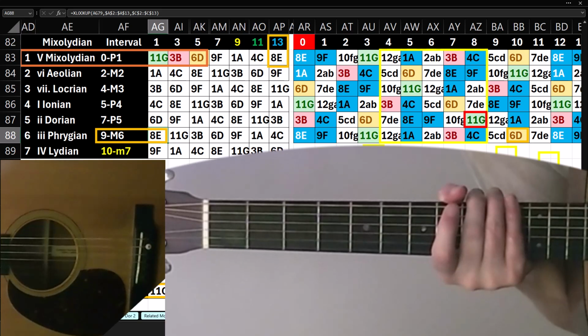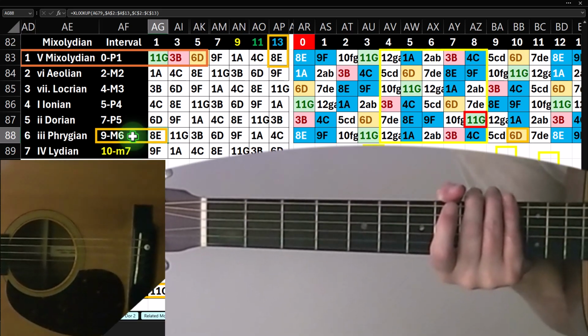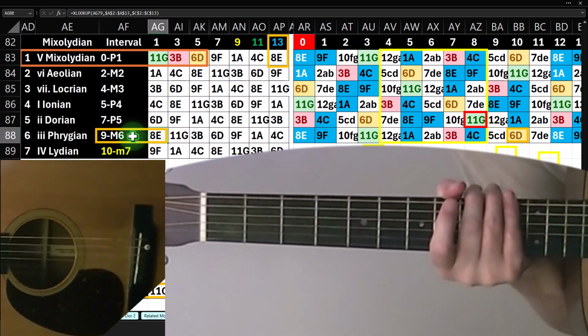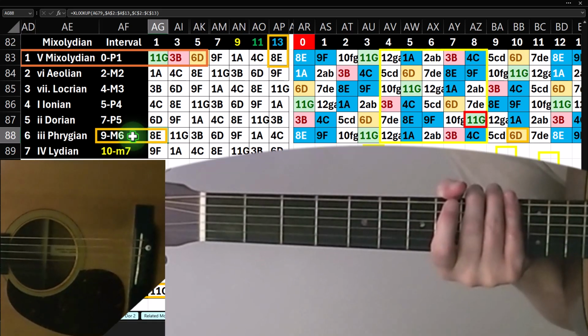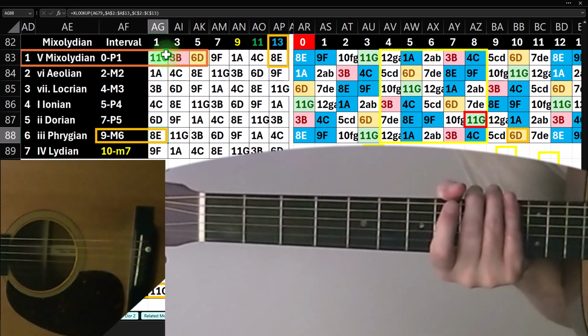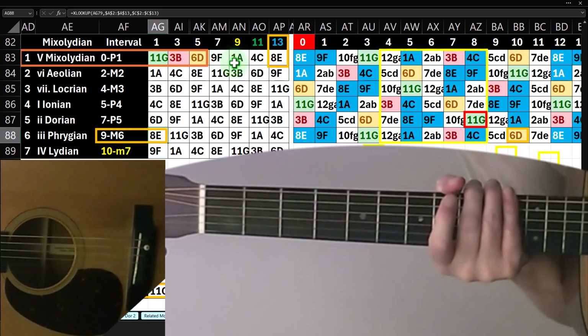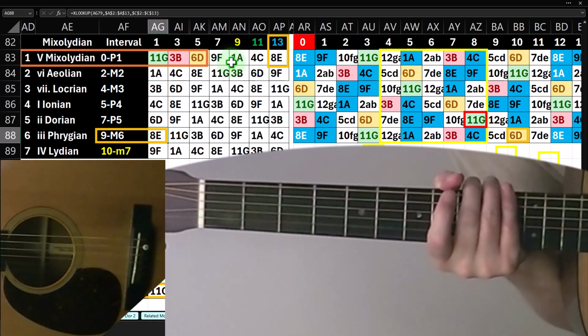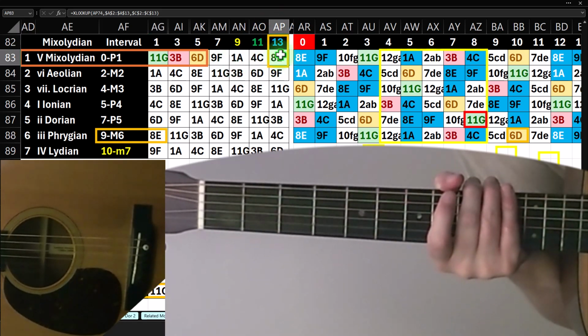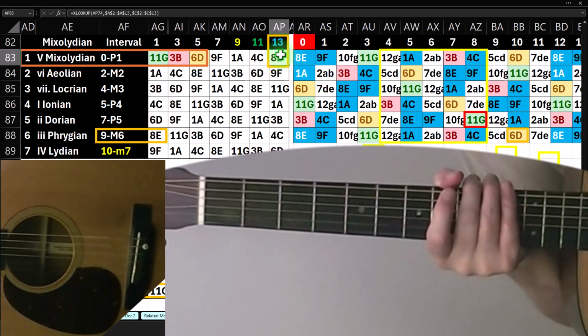Noticing that the 6th is not, of course, as common of an interval that we deal with all the time because it's not in the normal 1, 3, 5. Not only that, but it's not in the normal 7 even, and it's a little bit tensiony to get out to that when you get to the 13.